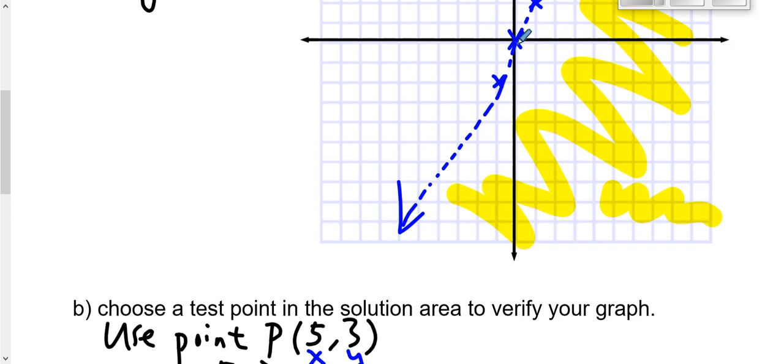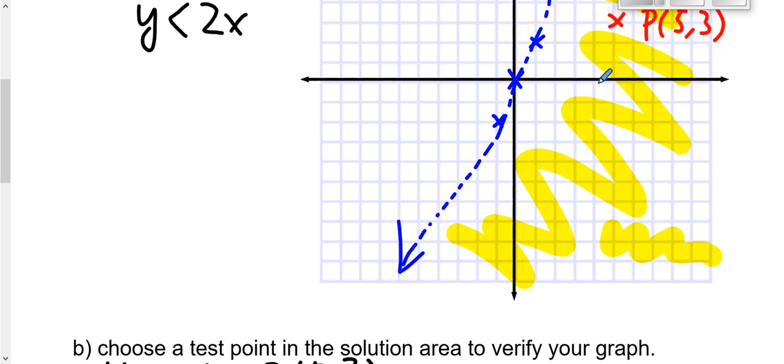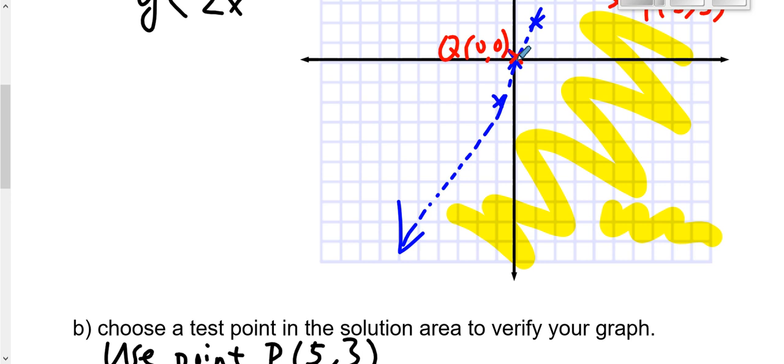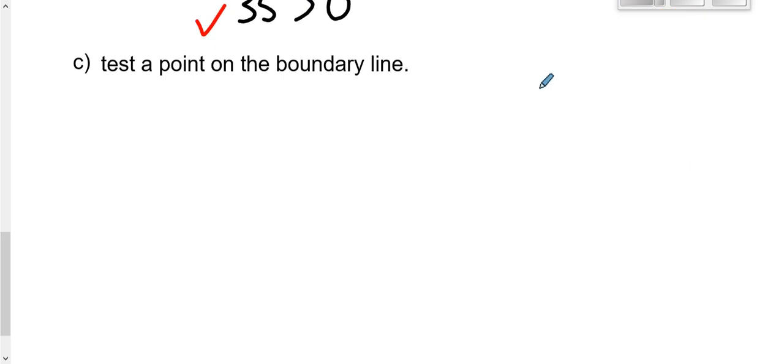If you look at this, obviously there's a point here. So let's pick this point here. Let's call that Q. And I like 0, 0 here because it is easy to do. So this is a point on the line. Okay, so let's pick the point.